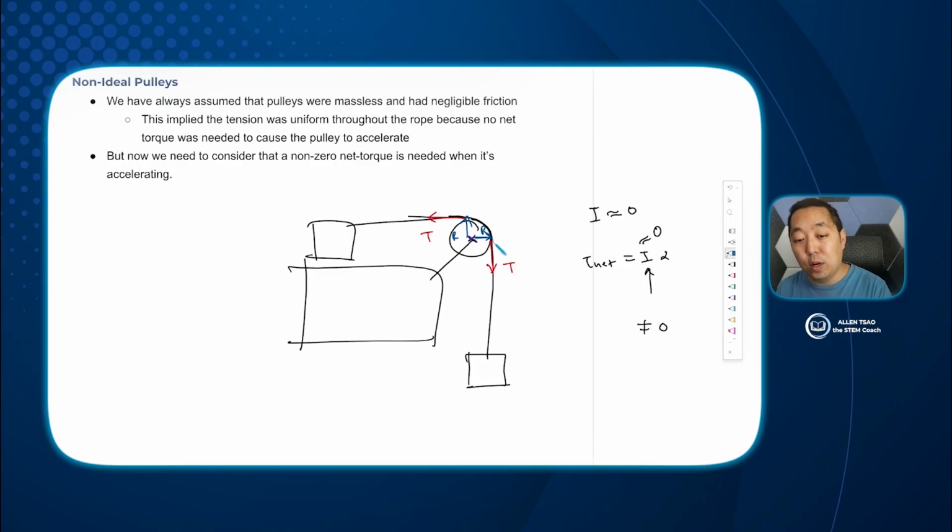But one's clockwise, one's counterclockwise, the net torque will be 0. So these two tensions are not equal anymore. So T1, we now call it T1, T2. T1 is not equal to T2 if we have a non-ideal pulley, or at least like there's some mass to it that's going to require a net torque to cause an angular acceleration. So now we consider that a non-zero net torque is necessary to cause a pulley to rotate.